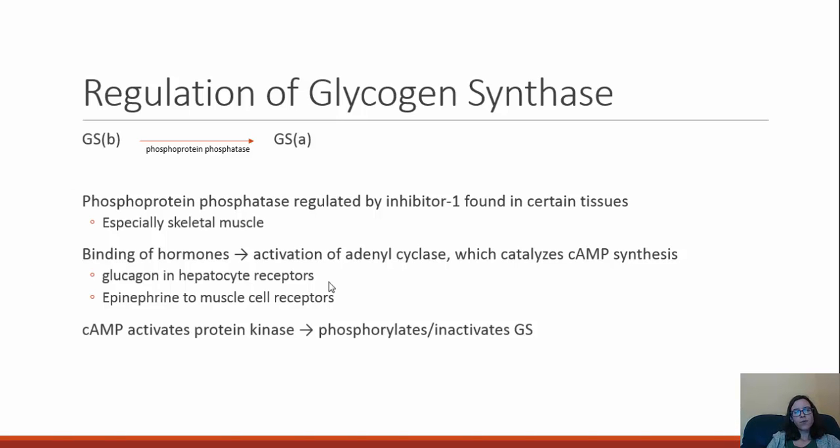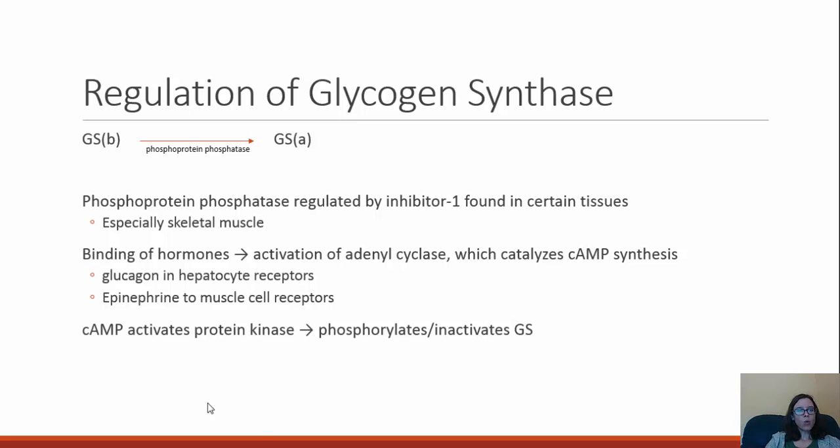So the enzyme phosphoprotein phosphatase is regulated by an inhibitor 1 in certain tissues, and especially in skeletal muscles. So if we think about this, this makes sense. So we have the inactive form B, and we want to make it active in the muscles. And this makes sense because these have a high affinity for glucose, but because the muscles need the glucose even when our glucose levels aren't high.